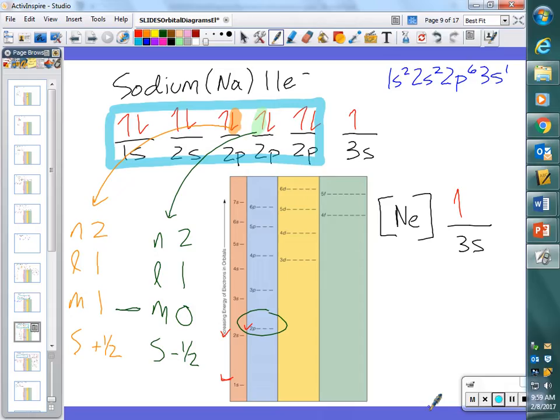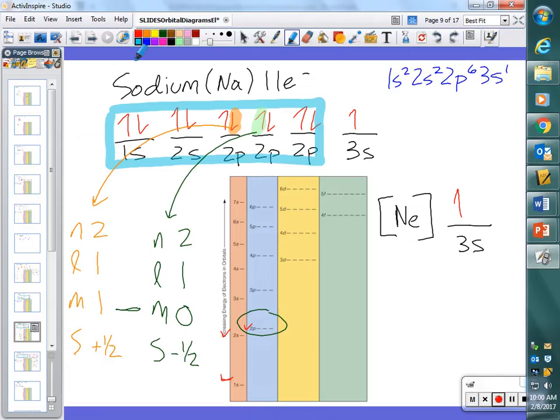Now, even though this is shorter than doing an orbital diagram, we're still starting to get a decent number of pieces here. So, the noble gas configuration that we used to shorten our orbital diagrams, we can also use to shorten our electron configurations.